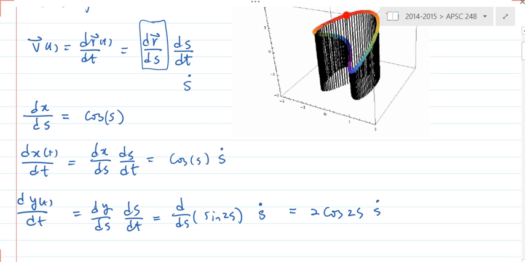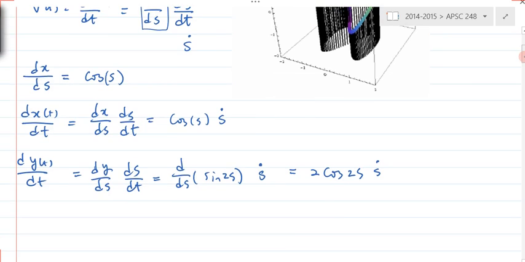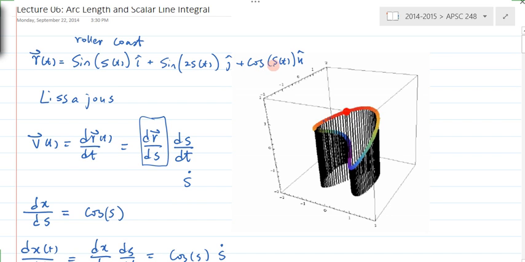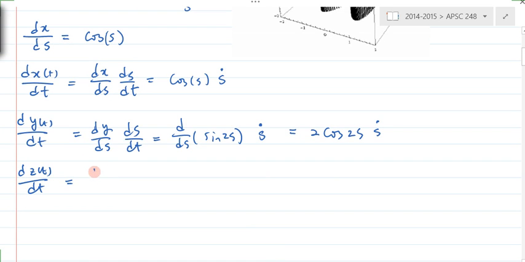The last one is dz over dt. z is cosine s, so that's pretty simple. dz over ds is the derivative of cosine, which becomes negative sine s, times s dot. So this is the derivative of each one of the components of the position vector r of t.